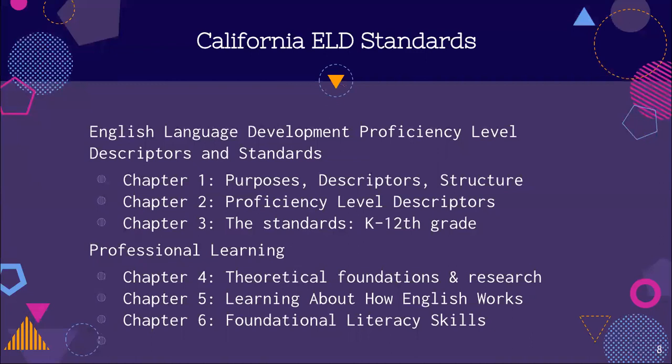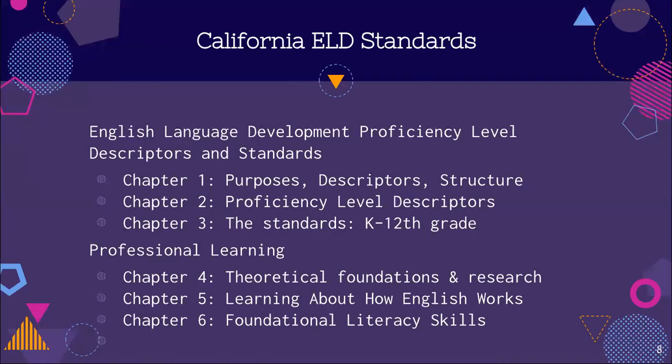So it digs into those and says, what does it look like to be a student in different grade levels at each of the levels? The standards follow that, and those are different from our previous standards, not grade level span standards, but actually independent grade level standards. And the following 3 chapters are the professional learning section.